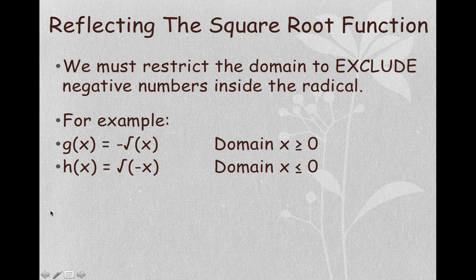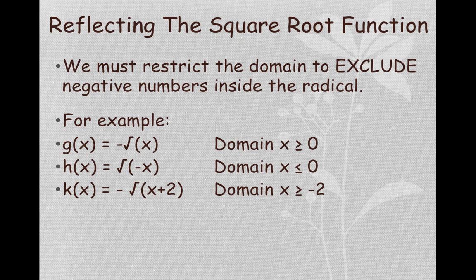But if I have h of x equals the square root of the opposite of x, then my x has to be less than or equal to 0, because this x has to be negative so that when I take the opposite of it, it becomes positive so that I can take the square root of a positive number.